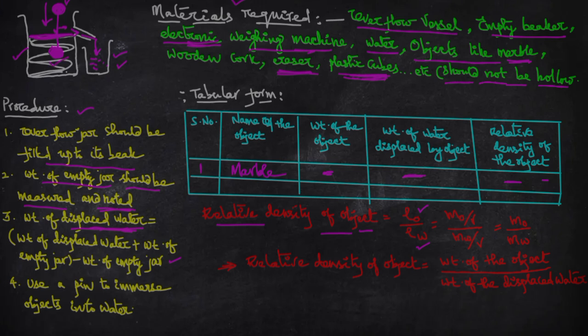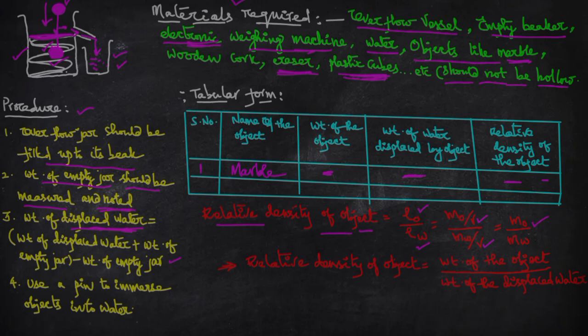We already found the weight of the marble and the weight of the displaced water. These two have equal volume. The displaced water is of equal volume to the object taken.